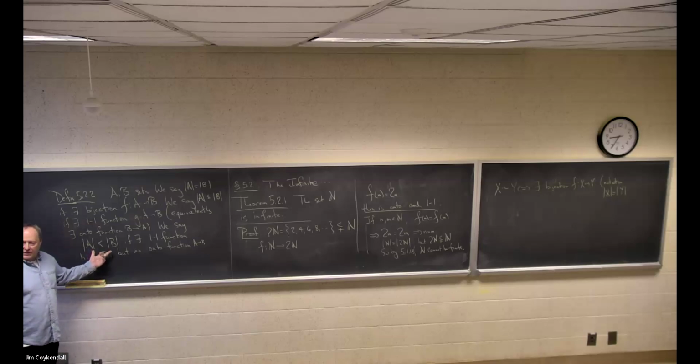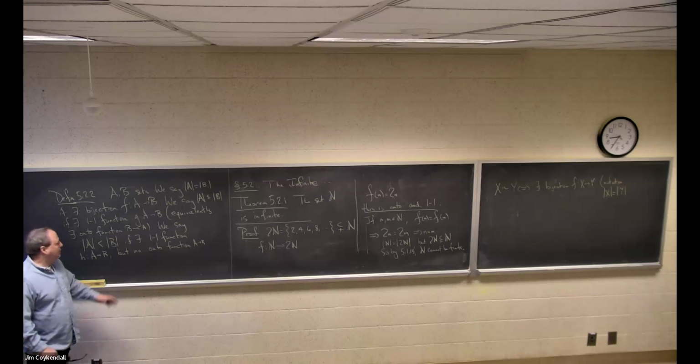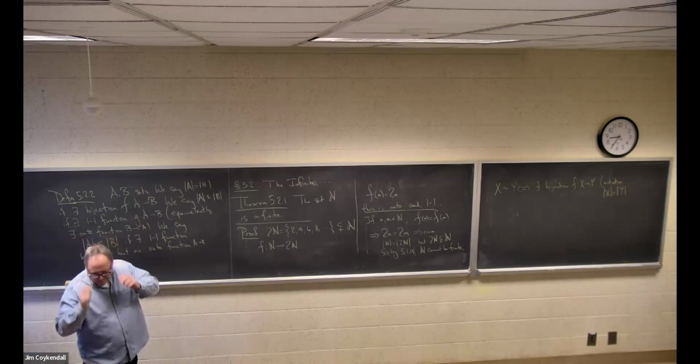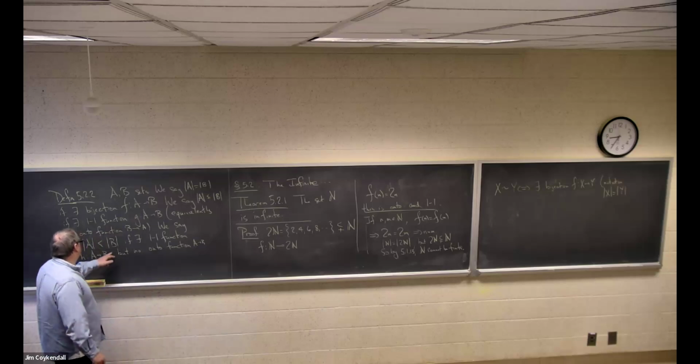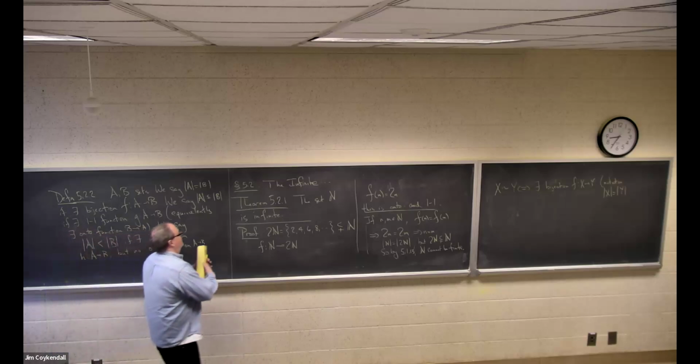So the cardinality is strictly less if there's a one-to-one function from here to here but no onto, or in particular, there's no bijection, right? Equivalently, you can say another way, as you might expect, there's an onto function here, but no one-to-one function in that direction.